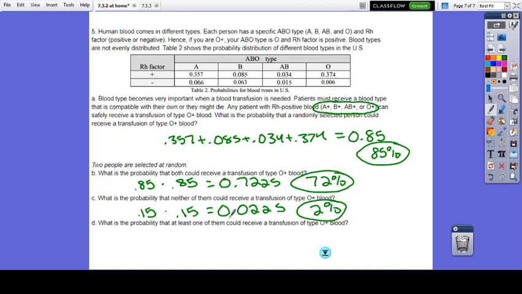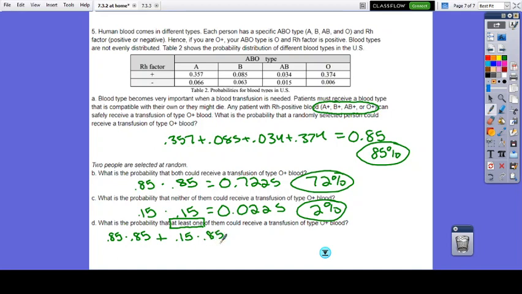And lastly, what's the probability that at least one of them could receive a transfusion? Our last one talked about neither; this is different. This is at least one of them. So what we have to realize is that person one could possibly receive it, that would be a 0.85, and person two could possibly receive it. So both of them receive it. That's at least one. Then we add to that the next possibility, that person one could not receive it, and person two could.